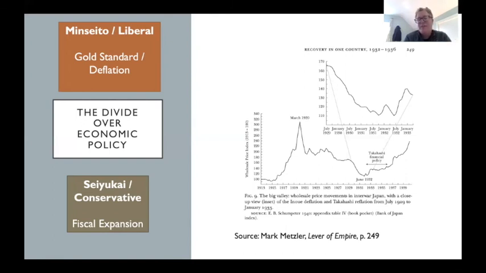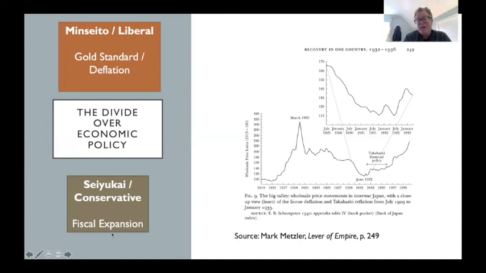Farmers found that they were so deeply in debt that some of them felt they needed to sell their daughters into prostitution as the only way they could redeem some of their debts or find enough money for food. So this was the consequence of an orthodox gold standard deflation policy that the Liberal Party was insisting on during much of the 1920s, and it caused a lot of economic suffering.